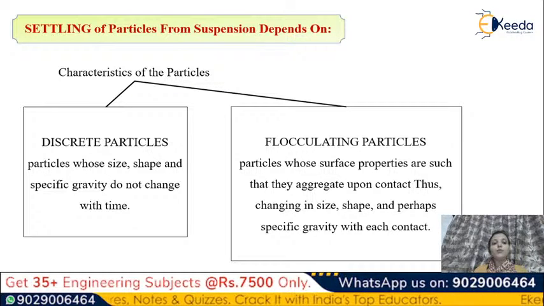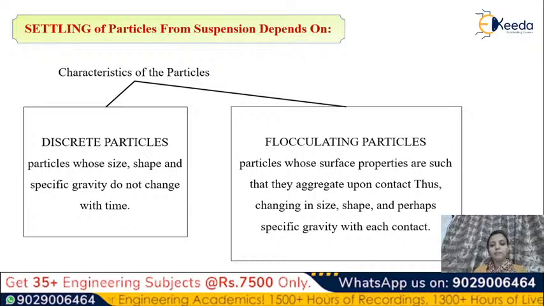The particles whose size, shape and specific gravity do not change with time. That means they are not influenced by other environmental conditions like the velocity of flow, the settlement rate, etc. So the particle remains the same throughout, and its size, shape and specific gravity will not change with time.